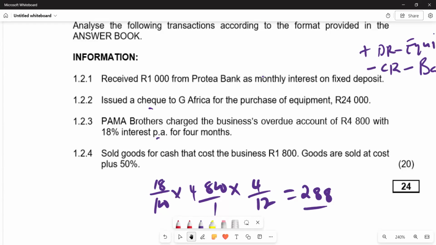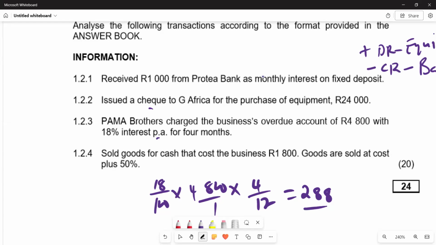So the double entry involved there is that we are going to have an effect on the bank, obviously. We are going to have interest paid as an expense. Sorry, we're going to have interest expense as an expense. So whenever we have an expense, we're supposed to debit it, and then the corresponding entry.